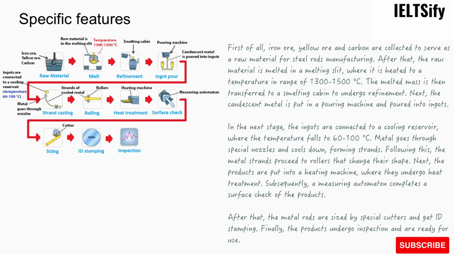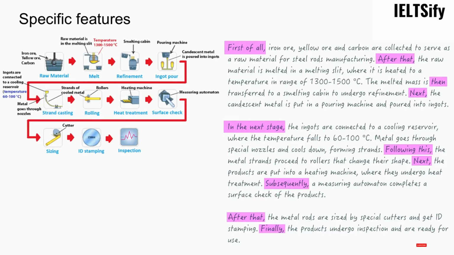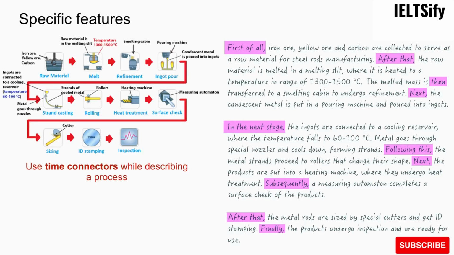You can see that I used a lot of time connectors while describing the process. In fact, a process is a series of changes that happen over time. That's why time connectors are extremely important for writing about process diagrams. To start describing the first stage, I used the connector first of all.